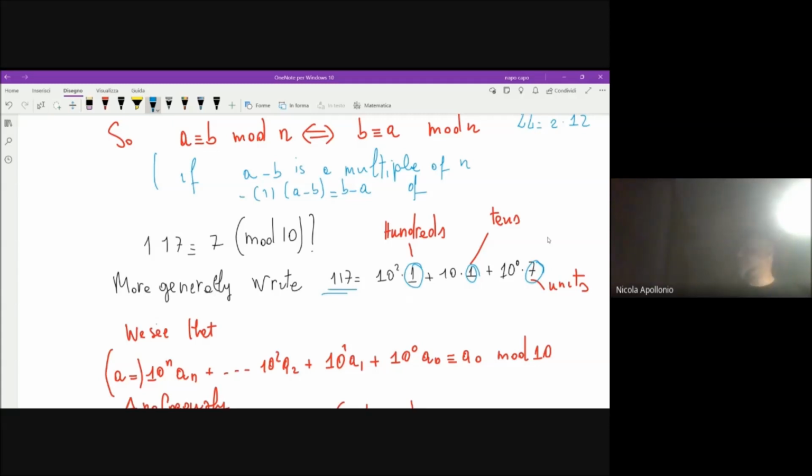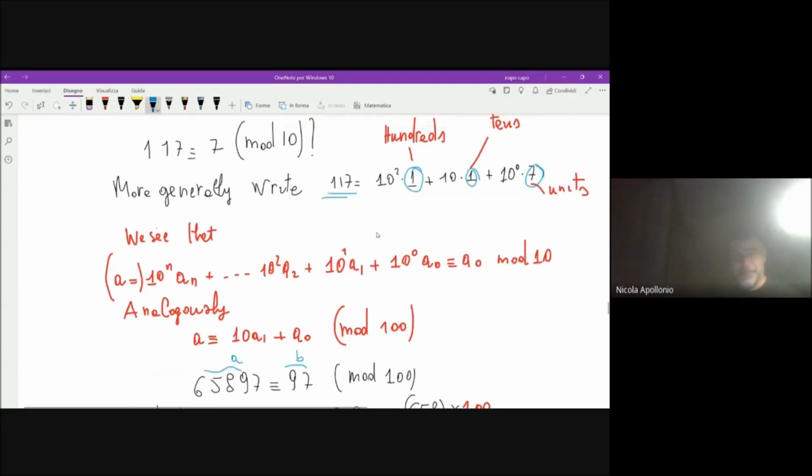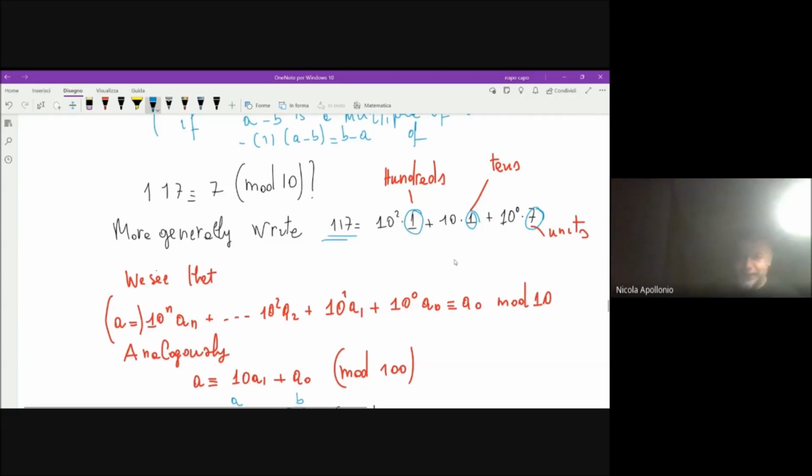We usually adopt from the primary schools, fortunately, the decimal expansion. I say fortunately because it's the only one that I know very well. Binary expansion is not that difficult, but there are more difficult expansions.